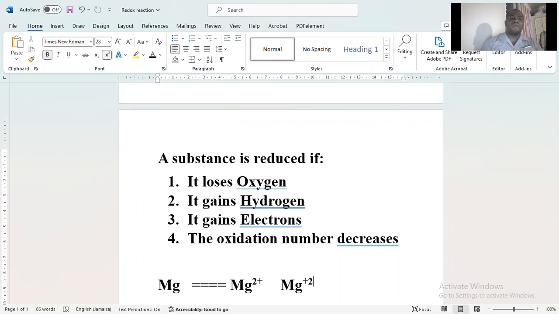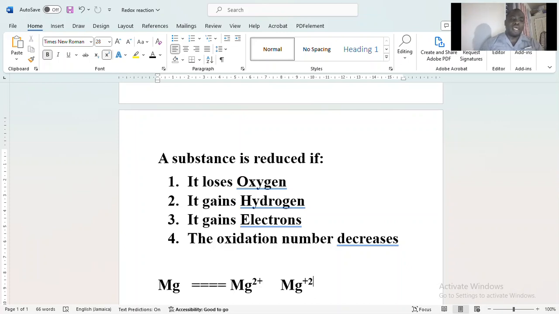But when you go through the losing of those 2 electrons from the outer shell, you now recognize that magnesium has 2 fewer electrons than protons. And going a further step back, a proton is positive and an electron is negative.